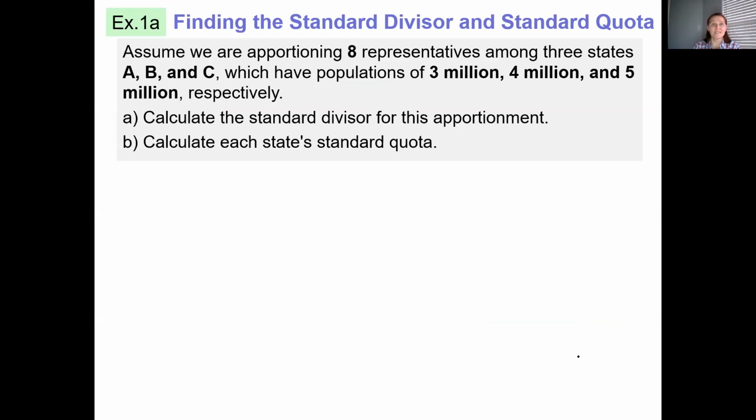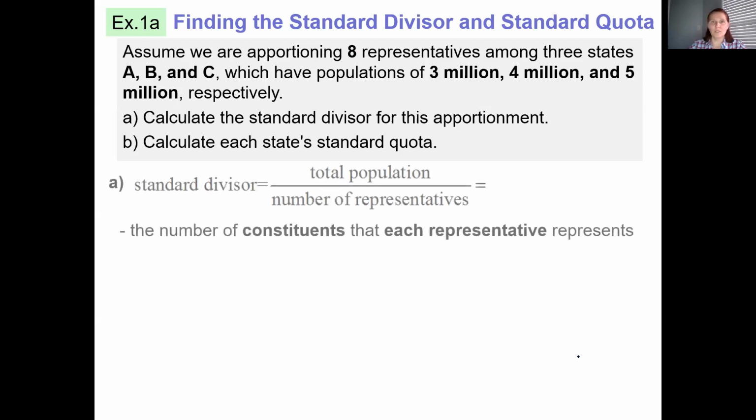Now let us find the standard divisor and standard quota for 3 states. Assume that we are apportioning 8 representatives among 3 states, A, B, and C, which have populations 3, 4, and 5 million, respectively. Calculate the standard divisor for the apportionment and calculate each state's standard quota. First, the standard divisor. We find the total population and divide it by the number of representatives.